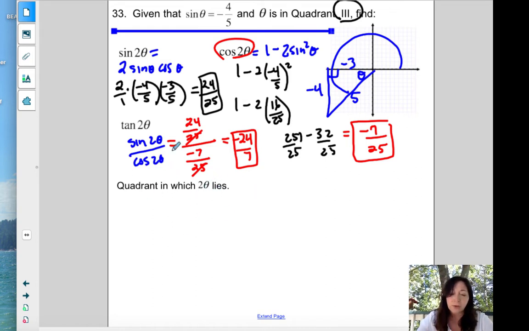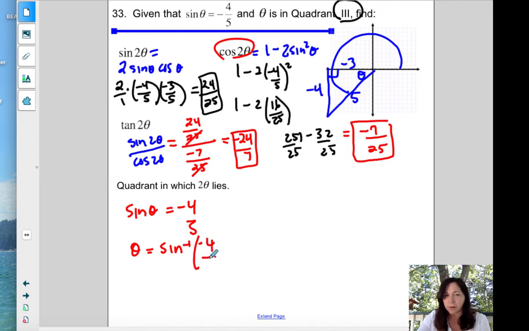Now, the last part of the question says, what quadrant does 2 theta lie in? So what you do need to do is figure out what theta is. Start with sine theta equals -4/5. Then theta is equal to arc sine of -4/5.